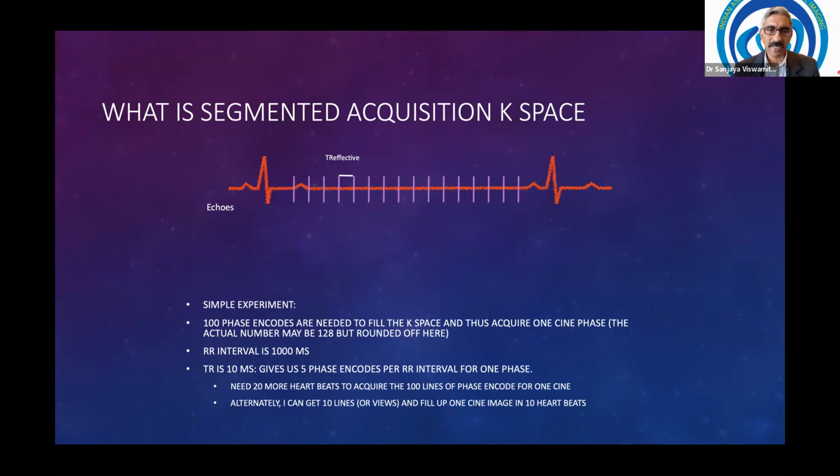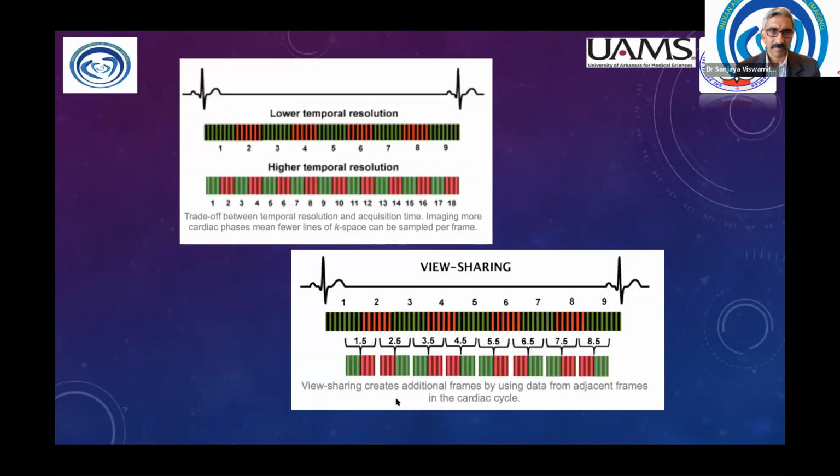But think of what's happening to the temporal resolution at the same time. I've gone from 5 lines to 10 lines, so my temporal resolution has become worse as I use more views per segment. Let me put that to you in another image. This is just an example of how that might occur.